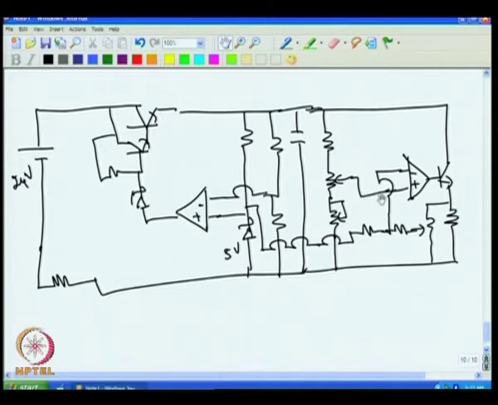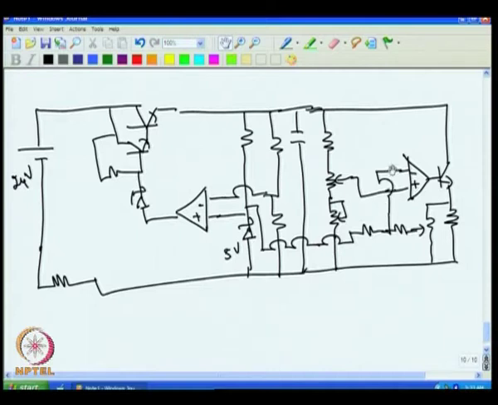If this voltage increases, this also will follow, that is, the minus input will follow the plus input by increasing the current through this. Because if the current is not increasing, then this voltage will be less compared to this. Since this is high, the output will go high and more current will flow. In case the current goes very high, then this voltage will go up.